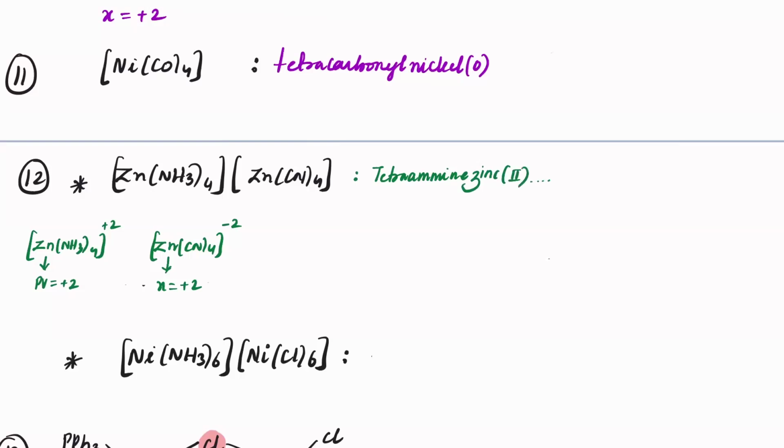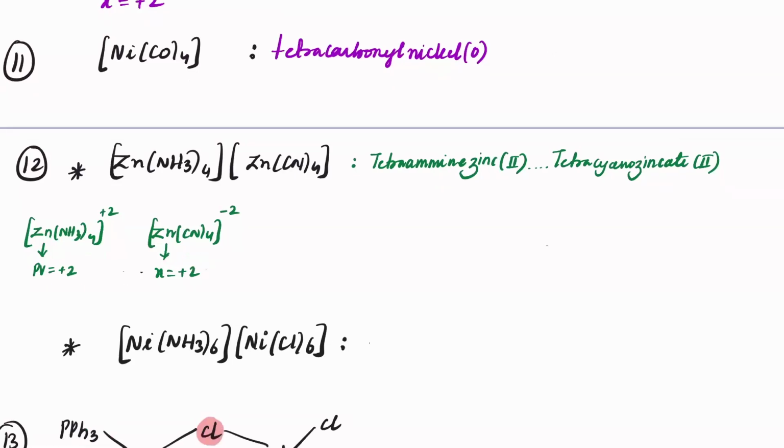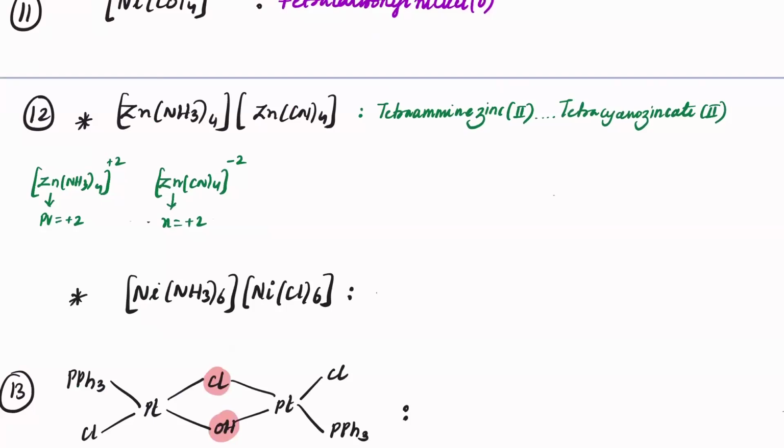Then space, we will have tetracyano, tetracyano or cyanido. You can write any of them. Then tetracyanozincate(II), tetracyanozincate(II). Okay. Clear everybody? This is how we need to use it.